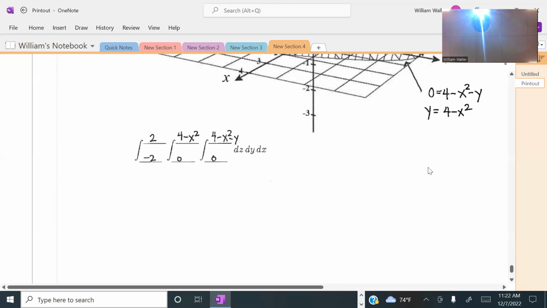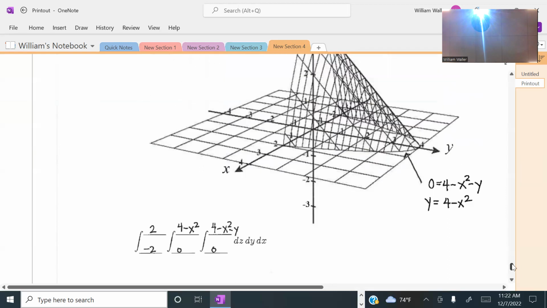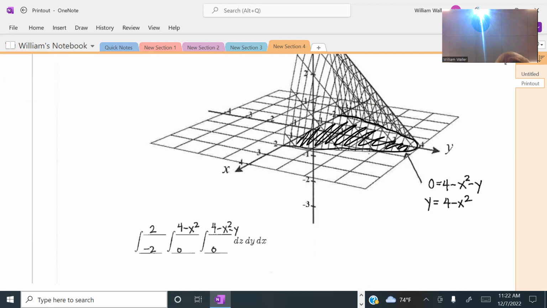What is our region of integration here? Well, it's going to be this little piece in the xy plane, correct? Between the x-axis and this curve.